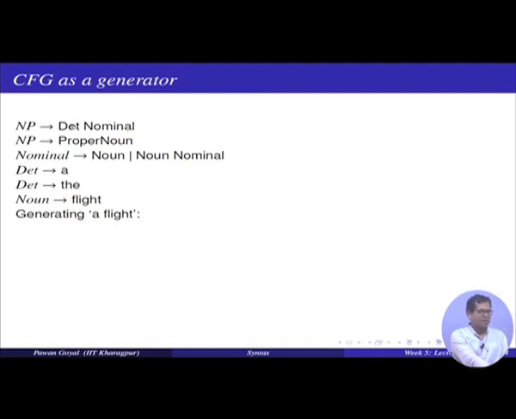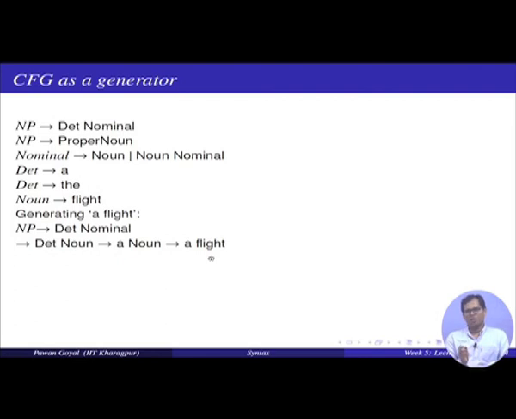Now determiner will give me a. From nominal, I cannot go to flight directly. So from nominal, I will first get a noun, and from noun I will get the word flight. So NP gives me determiner nominal, nominal gives me noun, determiner gives me a, noun gives me flight. That's how you generate a sequence of words using this grammar.